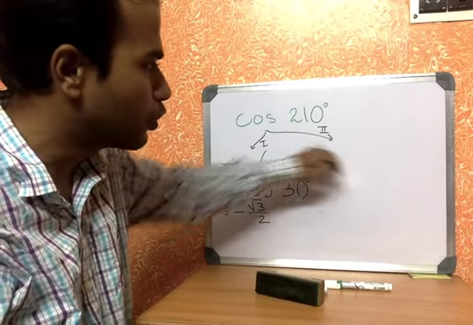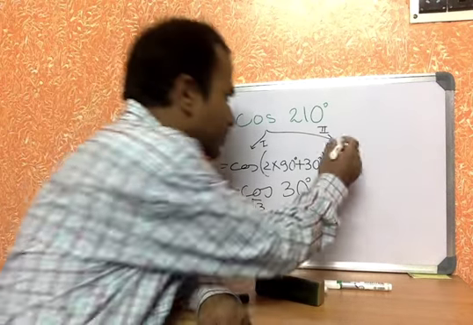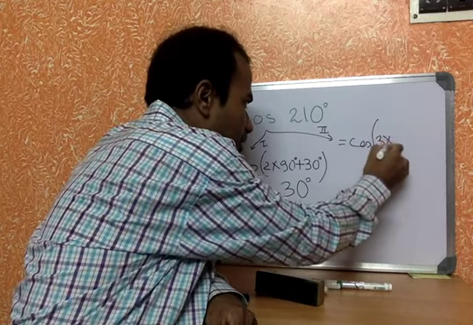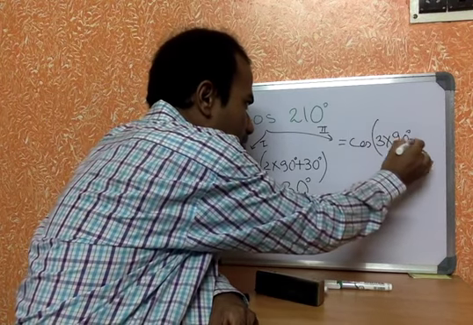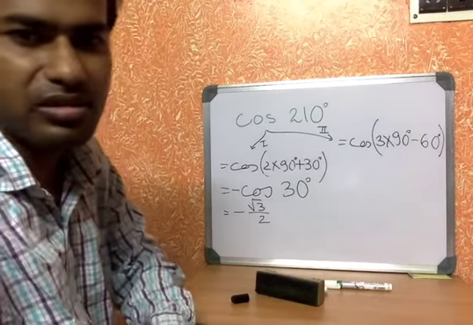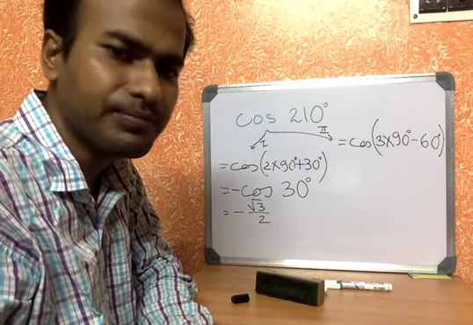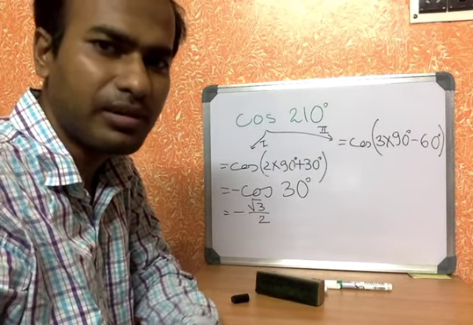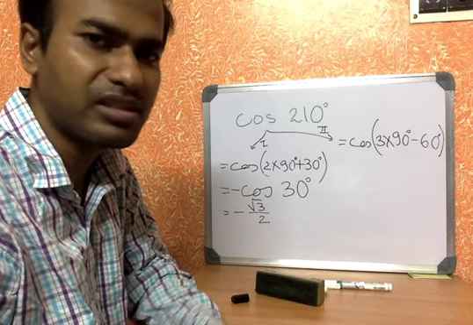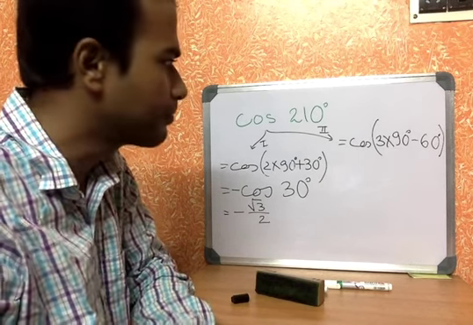If we want to do it another way, cos of 3 into 90 degree minus 60 degree, because 210 degree can be written as 3 into 90 degree minus 60 degree also. 270 minus 60 is 210 degree.